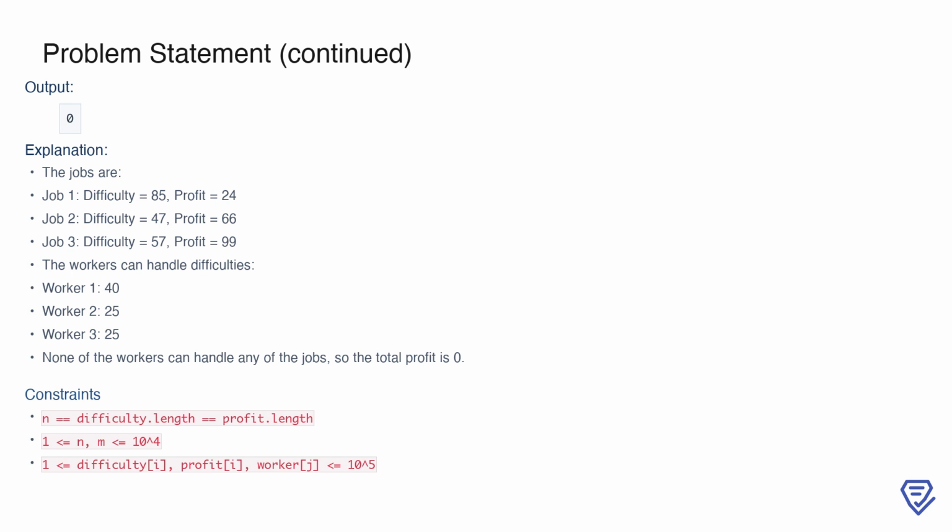The worker's capabilities are Worker 1 with a maximum difficulty of 40, and workers 2 and 3 with a maximum difficulty of 25 each. In this case, none of the workers can handle any of the jobs since their maximum difficulty levels are all below the minimum job difficulty of 47. As a result, no jobs are assigned, and the total profit is 0.